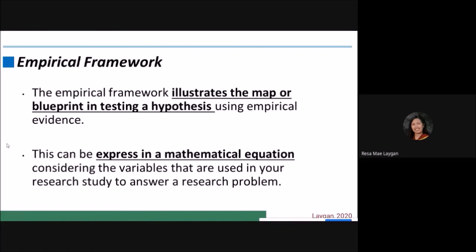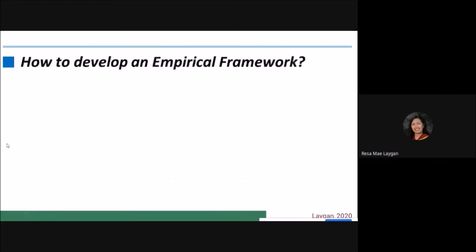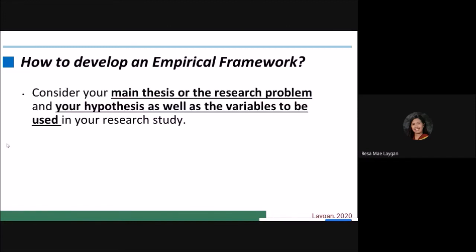This can be expressed in a mathematical equation considering the variables that are used in your research study to answer a research problem. So how do you develop an empirical framework? You have to consider your main thesis or the research problem and also your hypothesis as well as the variables to be used in your research study.